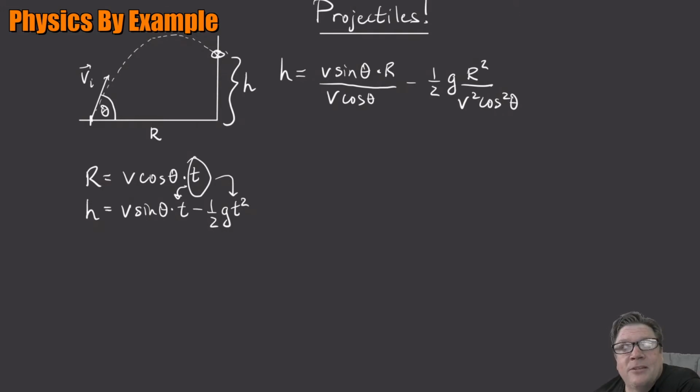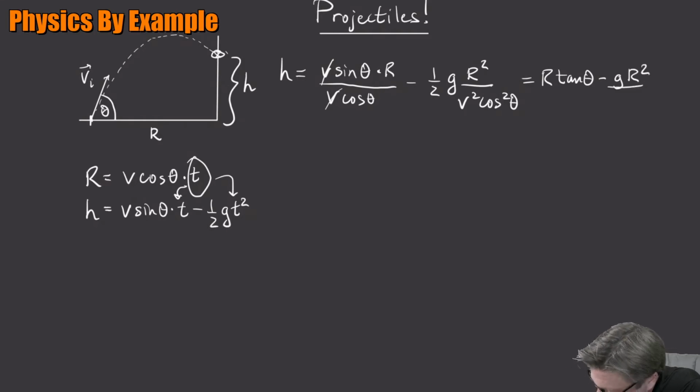All right, well, let's go one more step, see if anything looks good. Notice the v's go away, so it's just going to be r tangent theta minus g r squared over 2v squared cosine squared theta.